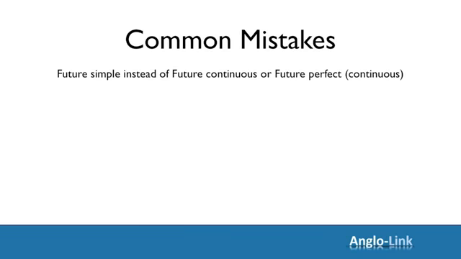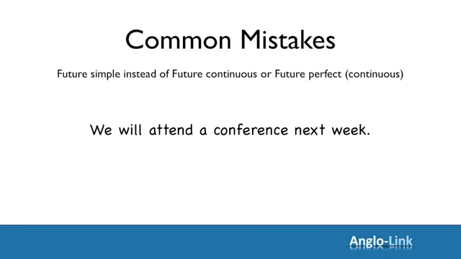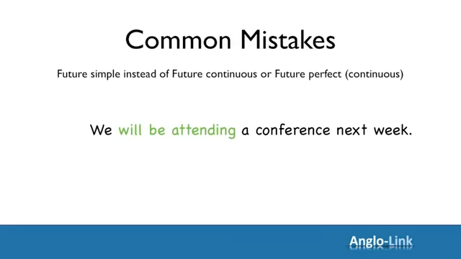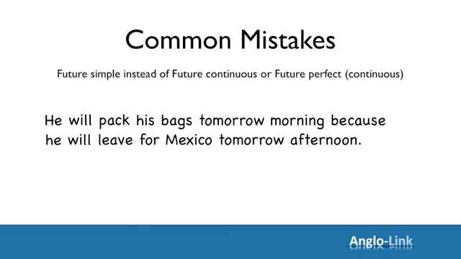Let's look at the next example. We will attend a conference next week. A future arrangement. Again, not future simple, will attend, but future continuous, will be attending. Let's look at another example. He will pack his bags tomorrow morning because he will leave for Mexico tomorrow afternoon.